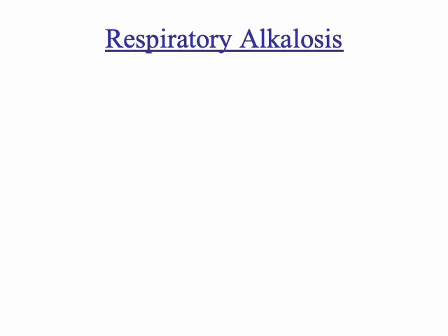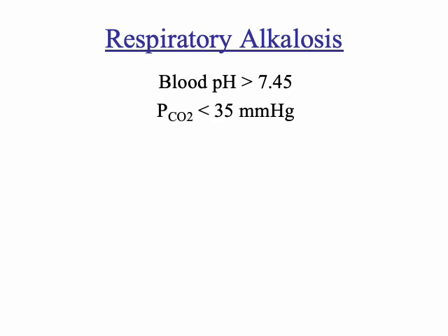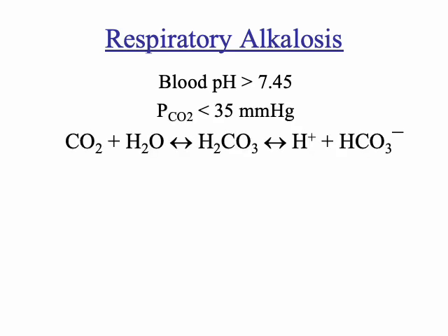With respiratory alkalosis, we're looking at a higher than normal blood pH. That means our CO2 levels are below 35 millimeters of mercury. So again, on that reaction, with lower CO2 levels, it's going to pull the bicarb and the acid towards the left, and that pulls some of the acidity out, which makes it overall more alkaline.